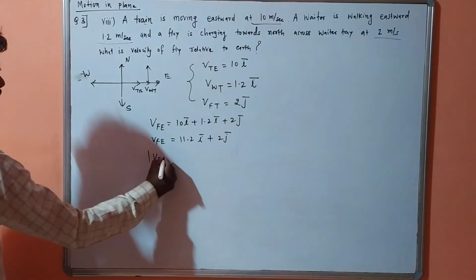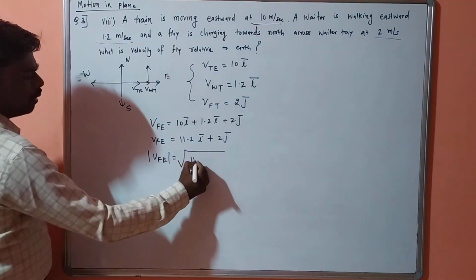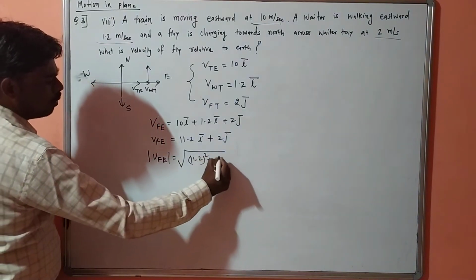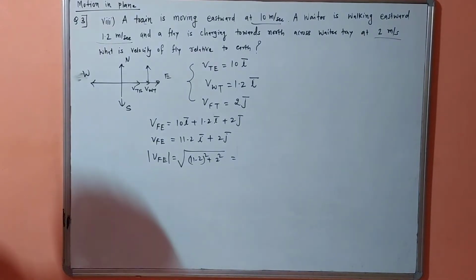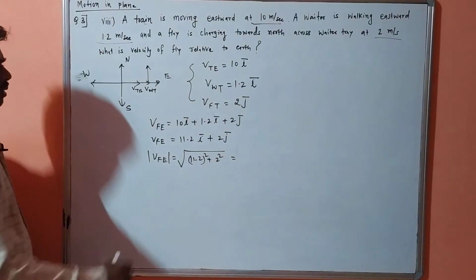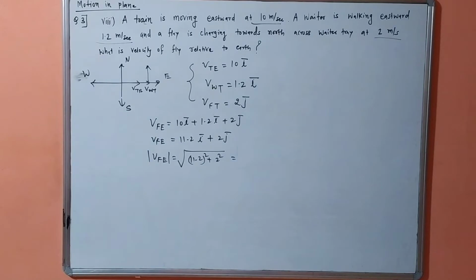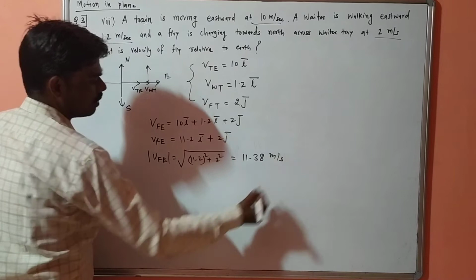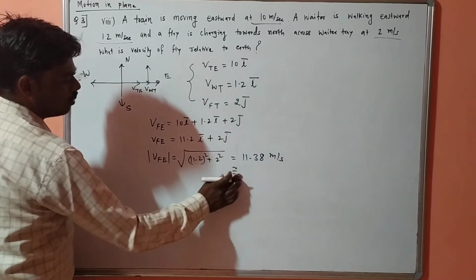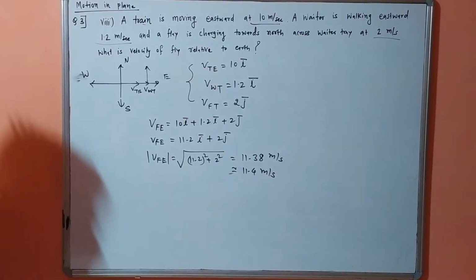So mod of this velocity is square root of 11.2 square plus 2 square. By taking the square root, this answer is near about 11.38 meter per second, so nearly equal to 11.4 meter per second. This is your first answer.